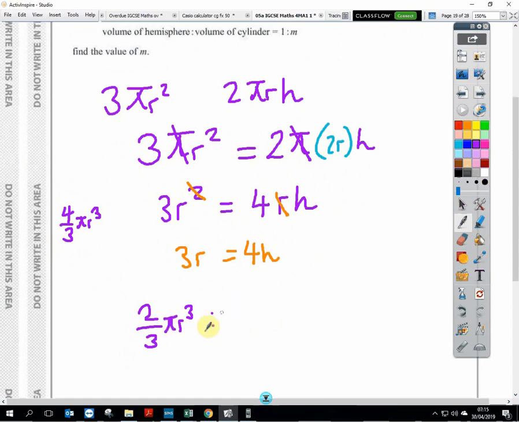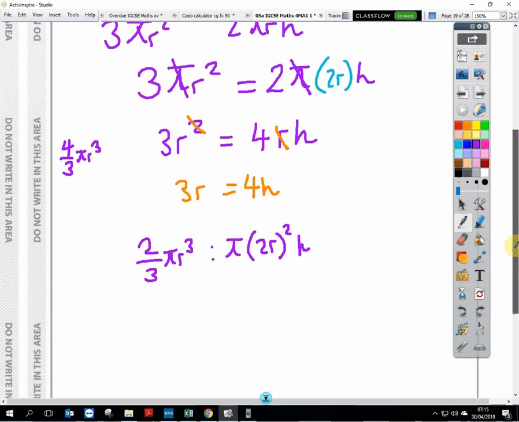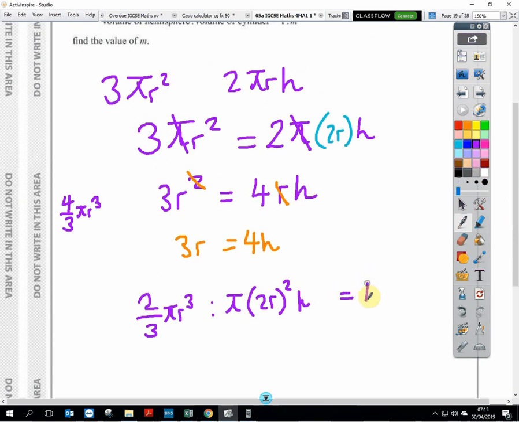So we have the volume of the hemisphere to the volume of the cylinder, but don't forget that in the volume of the cylinder, r is not r, r is 2r, so it's pi r squared h. Remember r is 2r, so it's 2r all squared, and that's in the form 1 to m.